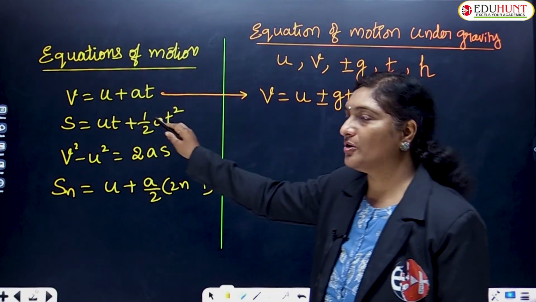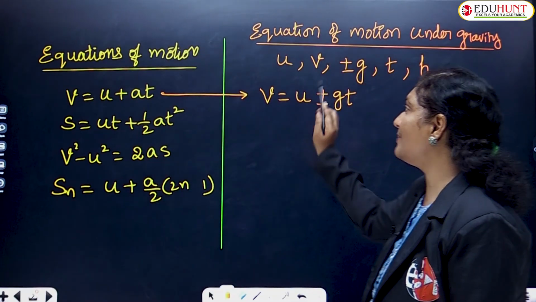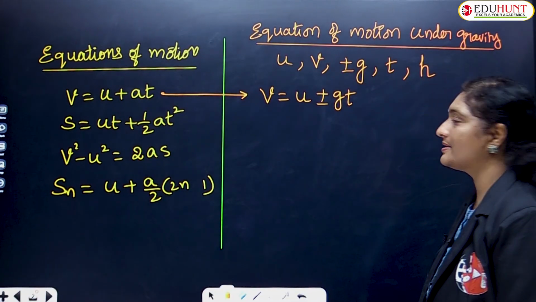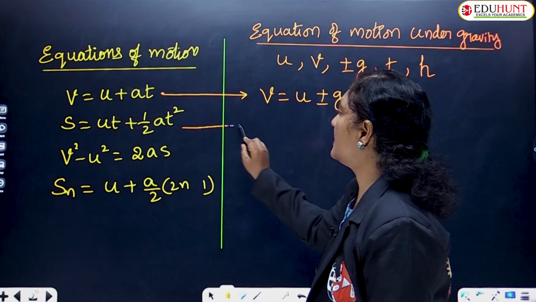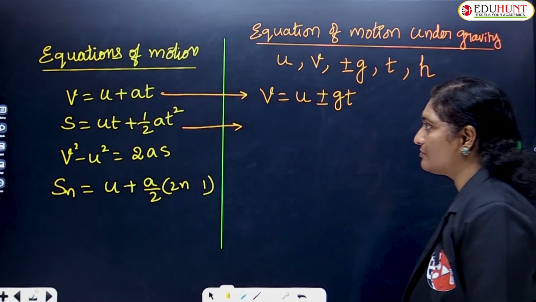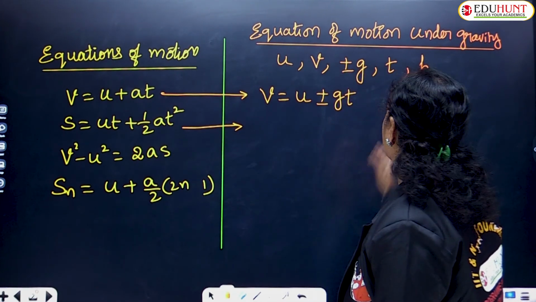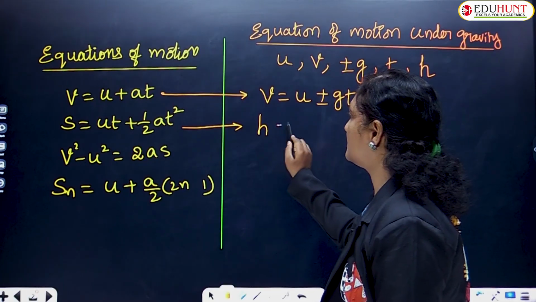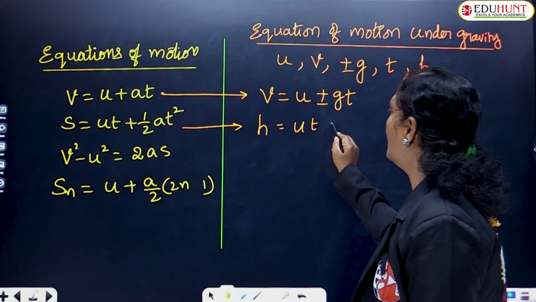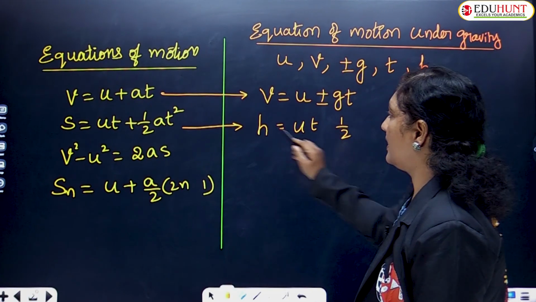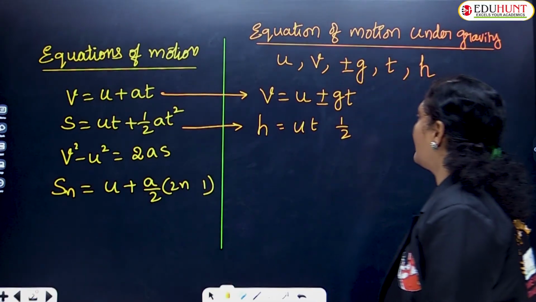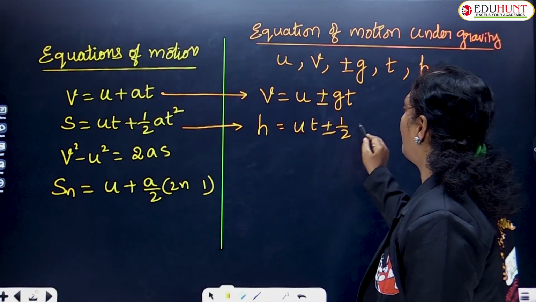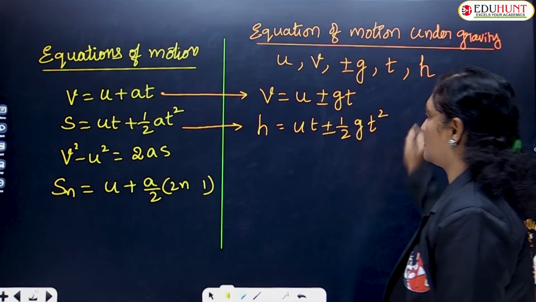Then the value of h1, where n is replaced with 1, is g by 2 into (2 into 1 minus 1). 2 into 1 is 2, 2 minus 1 is 1. So g into 1 by 2 is g by 2, equation 1.